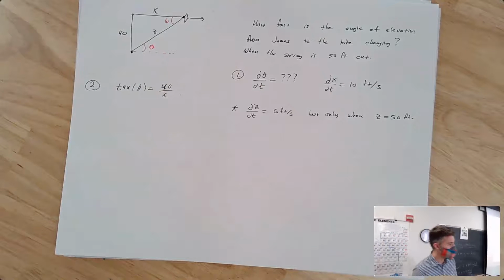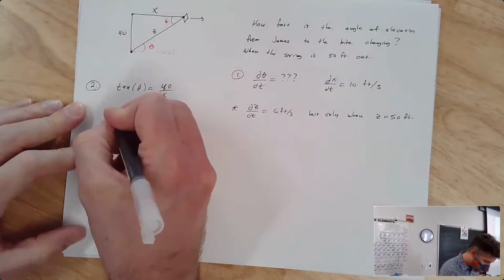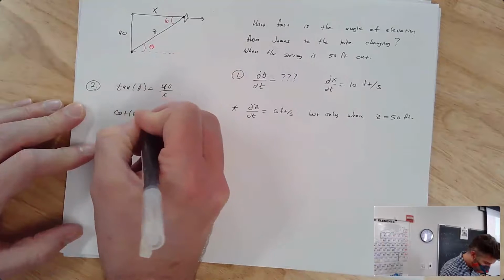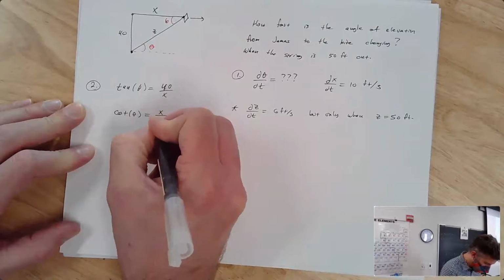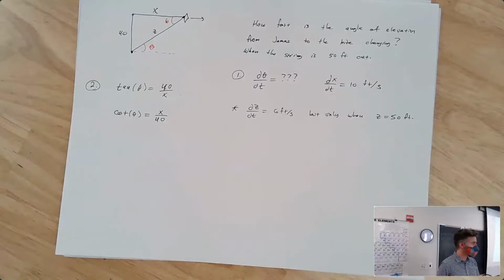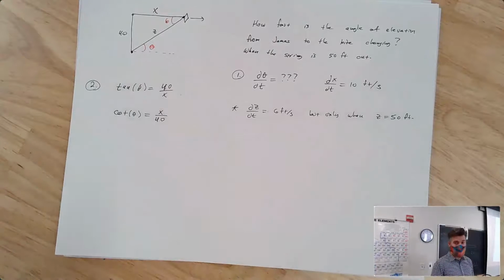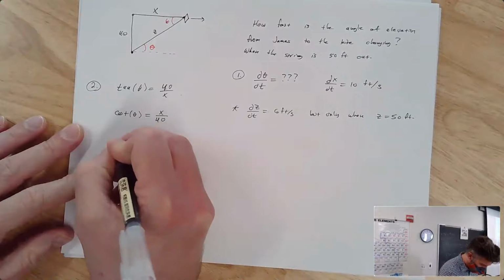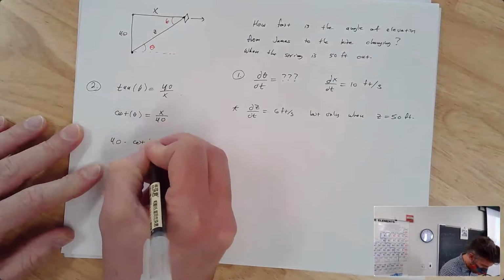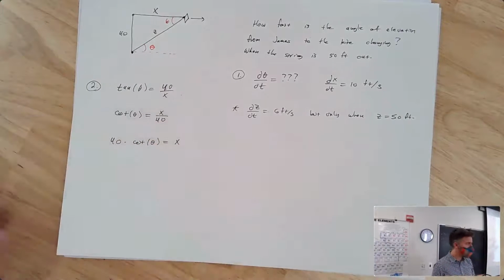So instead of using tangent, I'm going to use cotangent of theta, which is the adjacent over the opposite. Cotangent is just the reciprocal of tangent. And I'm going to multiply both sides by 40, so that 40 times cotangent of theta equals just x.